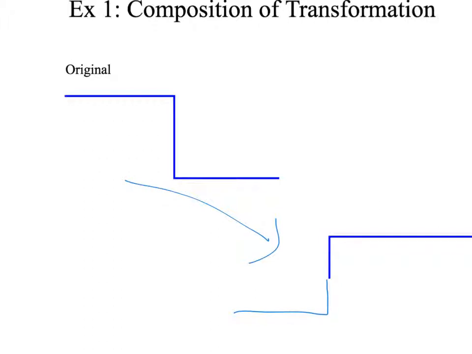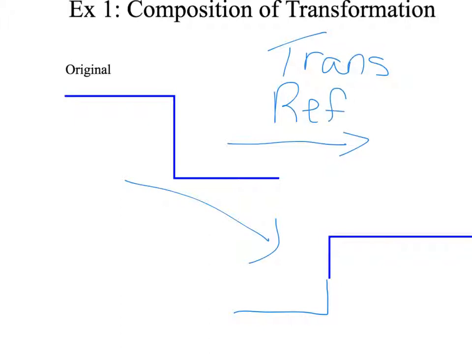For me, I'm going to translate it over, and then I'm going to reflect it over the x-axis. So that's going to reflect it down. Some of you may translate and then reflect. Some of you may rotate. Again, it doesn't matter. Yours don't have to match mine. But you're going to be asked to justify and explain why you think these work.